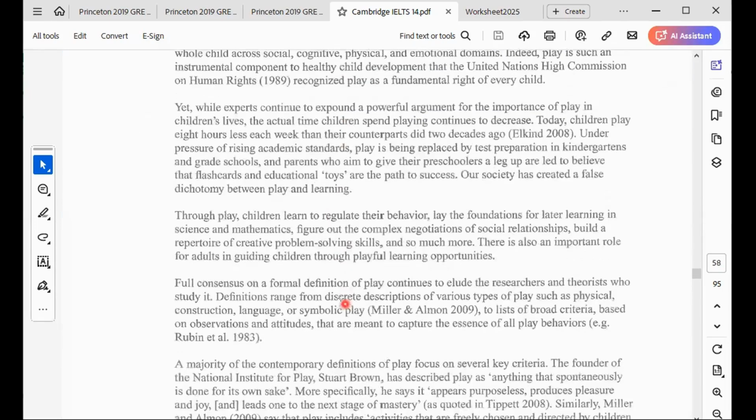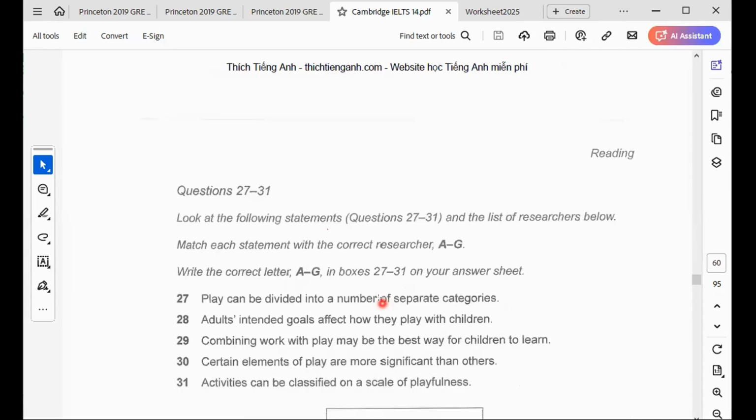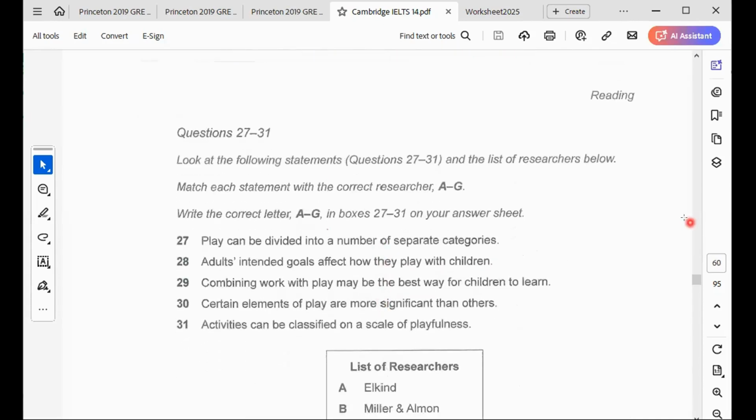And then Stuart Brown. Let's go on. I can see Stuart Brown here. Stuart Brown has described play as anything that spontaneously is done for its own sake. More specifically, he says it appears purposeless, produces pleasure and joy, and leads one to the next stage of mastery. That's what Stuart Brown said.